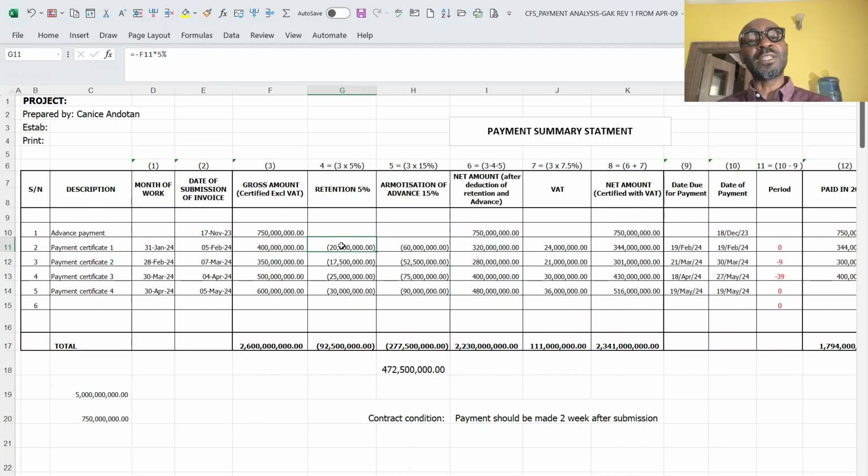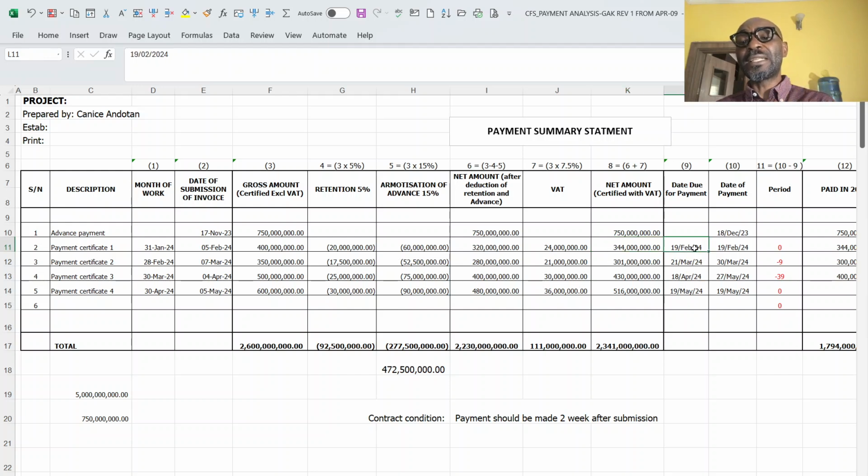Retention, which the contract stipulates is 5%, has been deducted. Amortization, which is the 15% of every work done, has been deducted. This is the net after deduction of both. Then I added VAT, which is 7.5%. So I now have 344 million that I'm supposed to be paid.